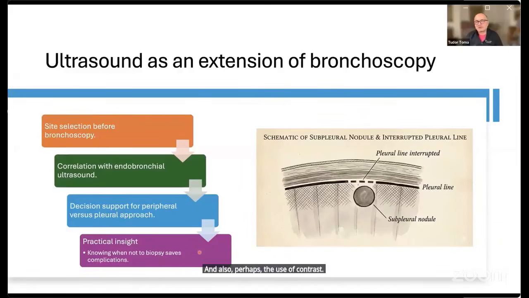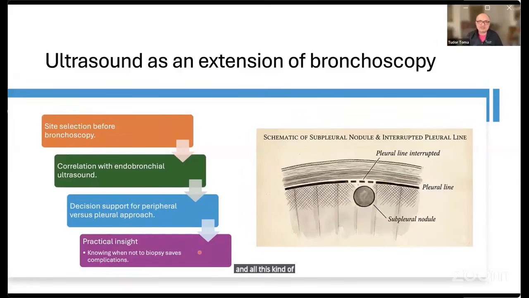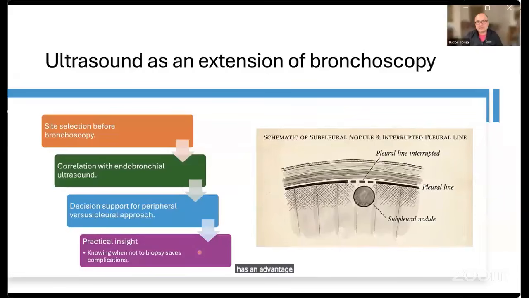And if you are a little bit more courageous, you can use the EBUS bronchoscope for pleural procedures like endobronchial pleural procedures and all this kind of a little bit niche interventions.